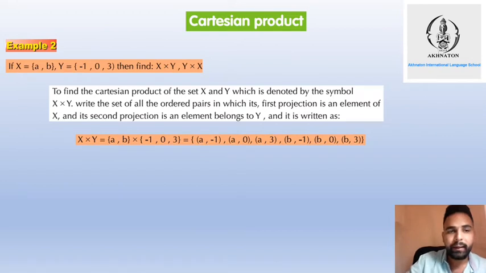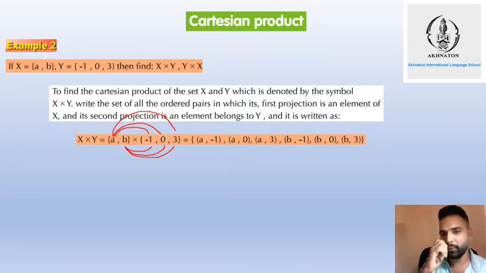X product y: we write x first, then we write y. Then we distribute the elements of x among the elements of y. So I distribute a among negative 1, then a with 0, then a with 3. So the answer will be (a, -1), (a, 0), and (a, 3). Then we distribute b among negative 1, then 0, then 3. So it will be (b, -1), (b, 0), and (b, 3).